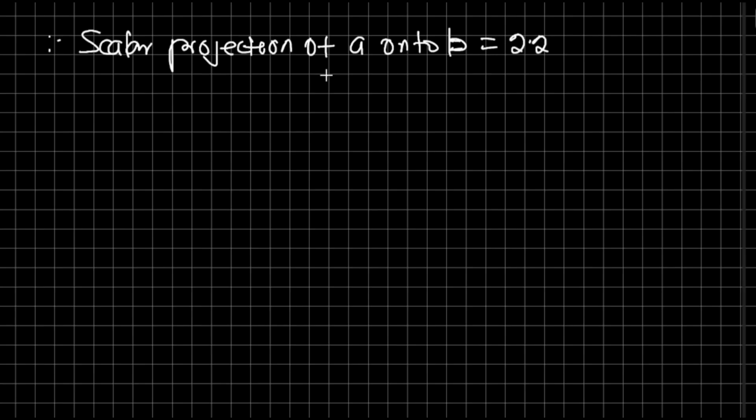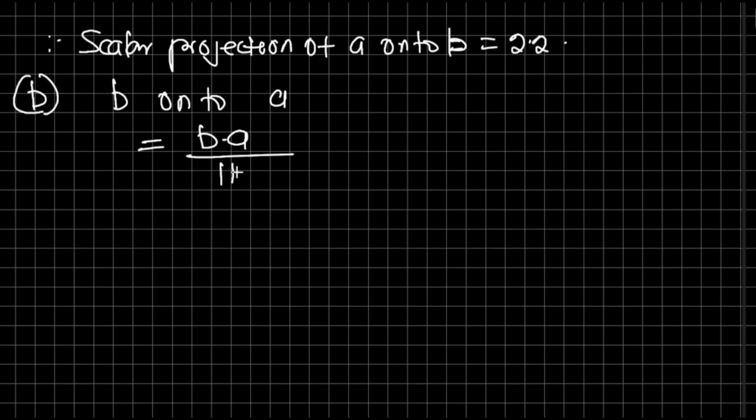So therefore, the scalar projection of A onto B equals 2.2. Okay. Now B onto A. That one would be B dot A all over the magnitude of A. You can see how it changes.